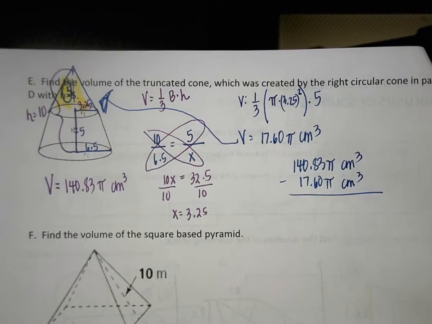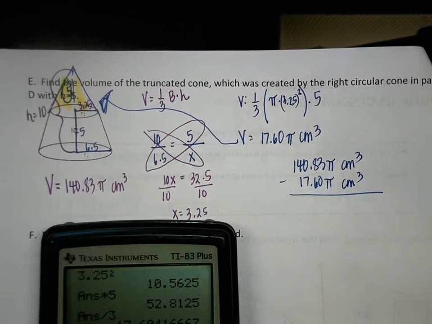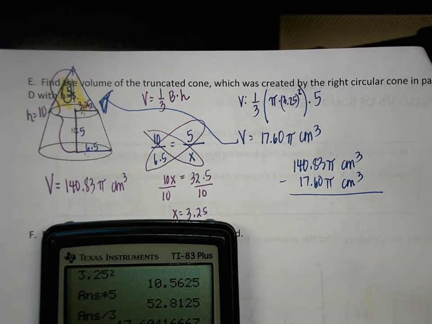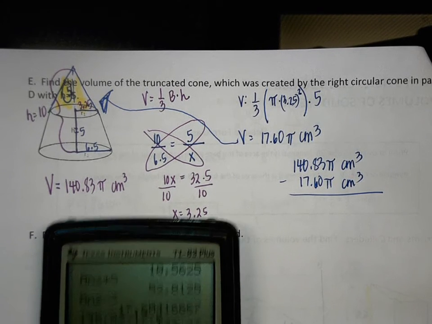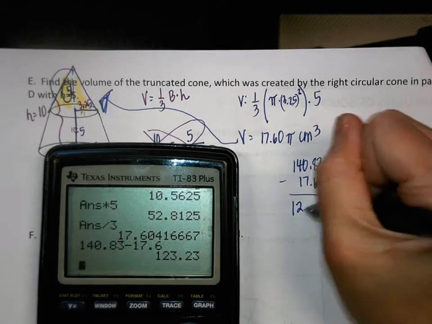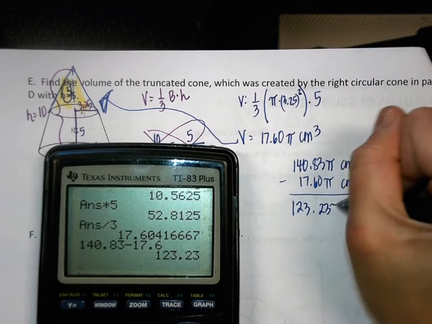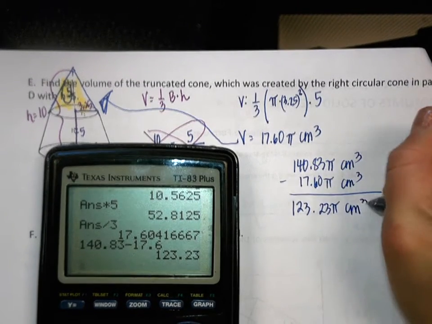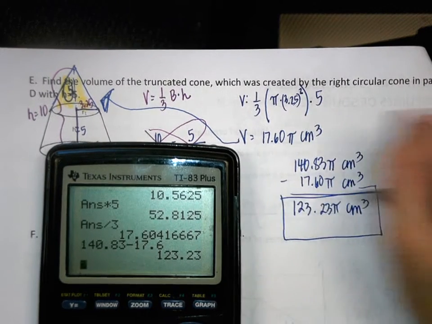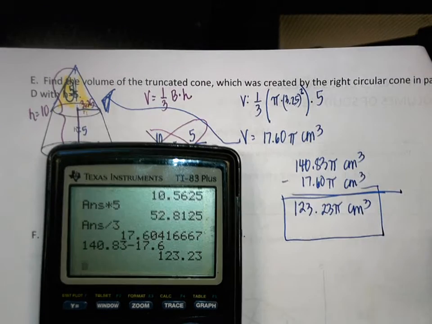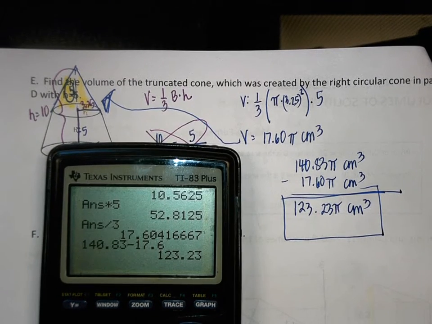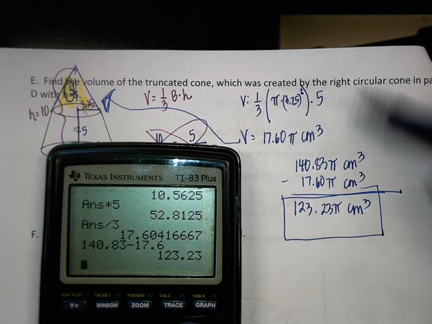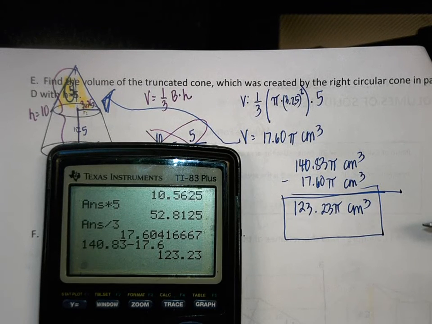And I'm writing all this out so that if I look back at my notes, I know exactly where I came up with these numbers. And you end up with 123.23 pi centimeters cubed. If they didn't both have pi, I couldn't subtract them. I'd have to multiply out what pi is and then subtract them. But since they both have pi, we can leave our answer in terms of pi.